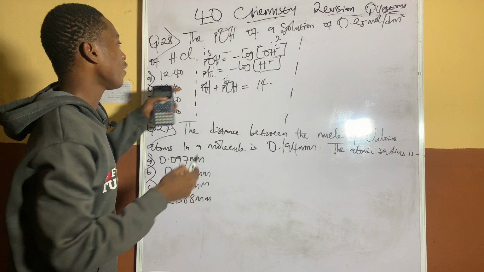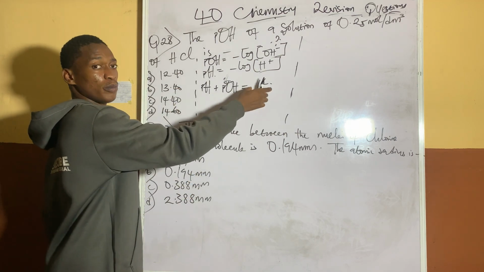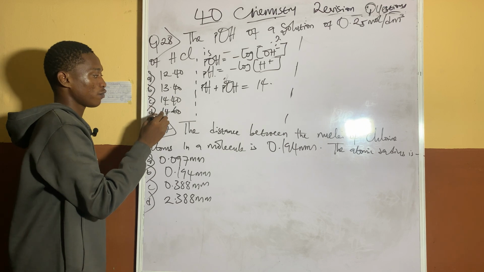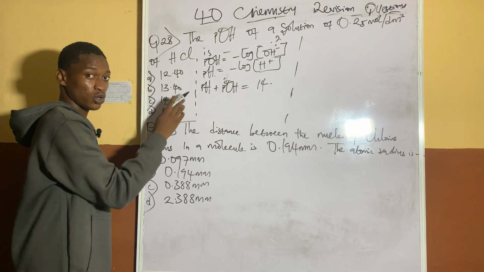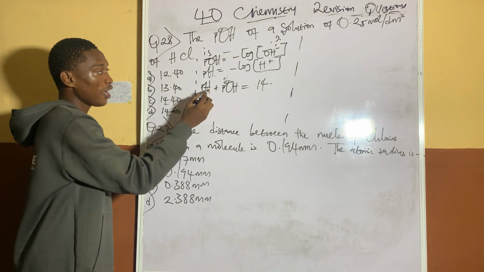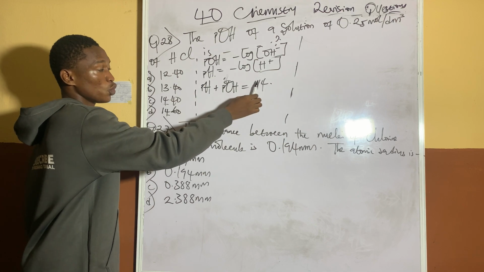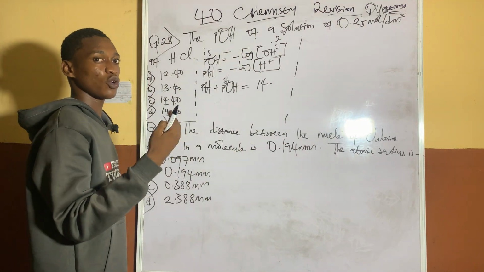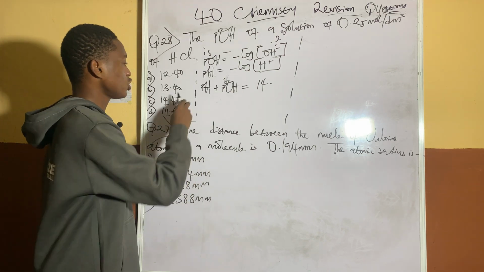Remember that when you add both of them together, the value must not be greater than 14. I'm seeing our options where we have 14.40, 14.60. These two are already wrong, because you cannot have pH plus pOH greater than 14. It must be less than or equal to 14.